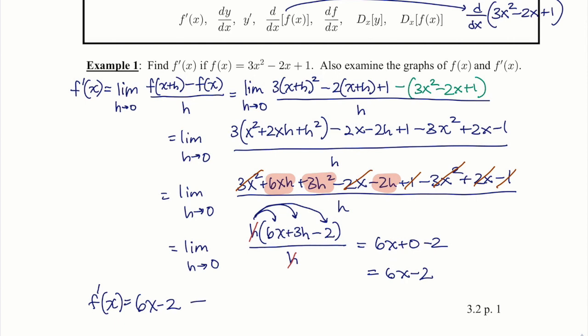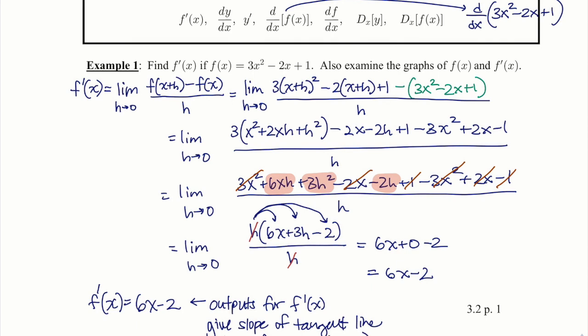So what we're thinking here is the outputs for f prime of x give the slope of the tangent line to y equals f of x at the point x, f of x.